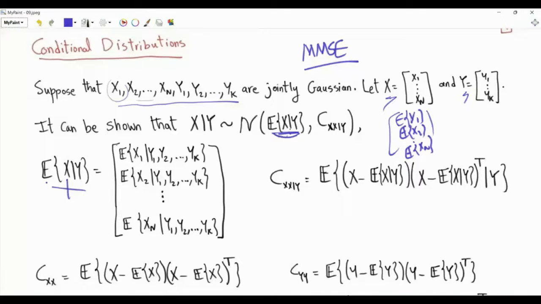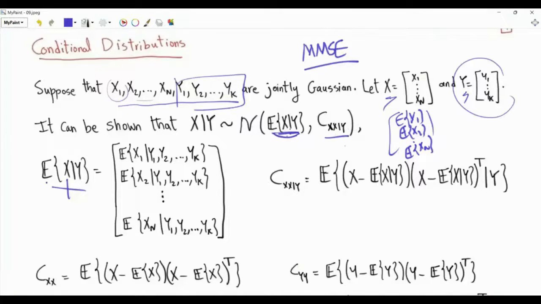So it is a vector of the expected values of x1 and x2 all the way to xn, but those are conditioned on all the y's from y1 to yk, so conditioned on the random vector y.